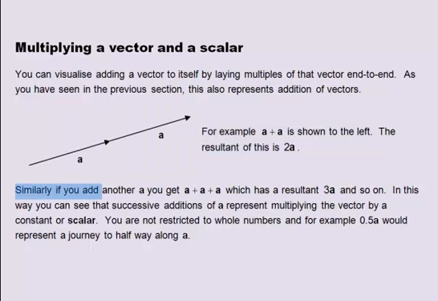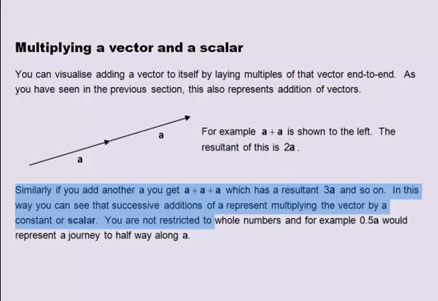Similarly, if you add another a, you get a plus a plus a, which has a resultant 3a, and so on. In this way, you can see that successive additions of a represent multiplying the vector by a constant or a scalar. You are not restricted to whole numbers, and for example 0.5a would represent a journey to halfway along a.